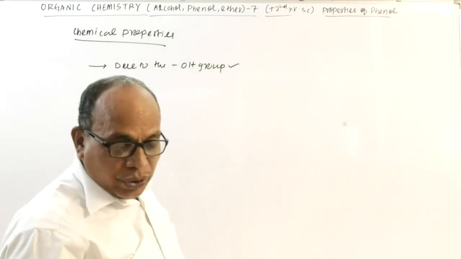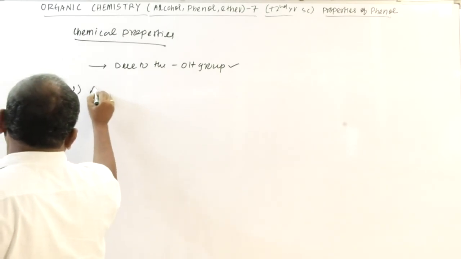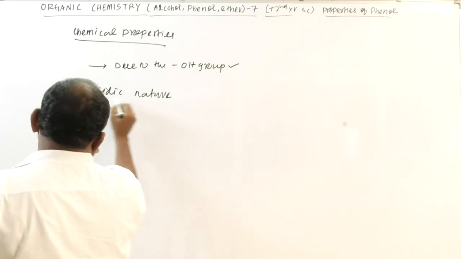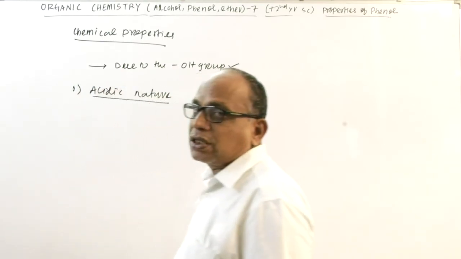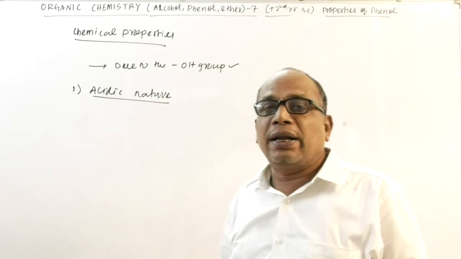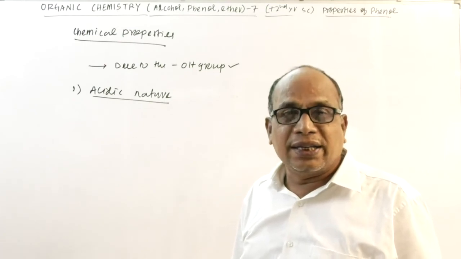The first property is the acidic nature. Do you know, according to the Arrhenius theory, what is an acid? An acid is a species that, when dissolved in water, dissociates to form H plus ion. That's called an acid.